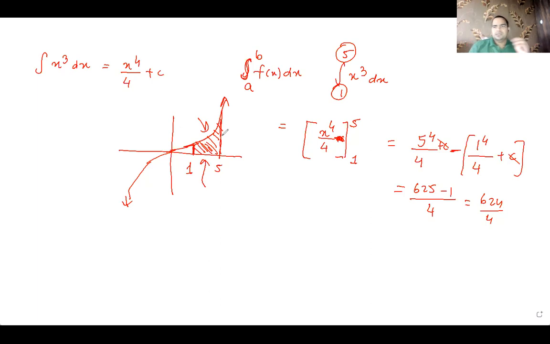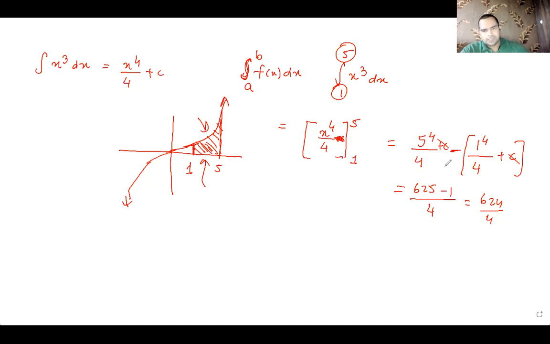So we'll also be using integral as a tool to calculate the area bounded. But before we do that, we'll understand the properties of definite integral in a more detailed way.